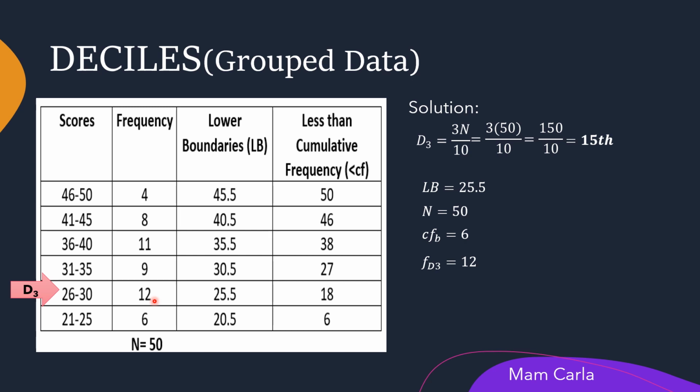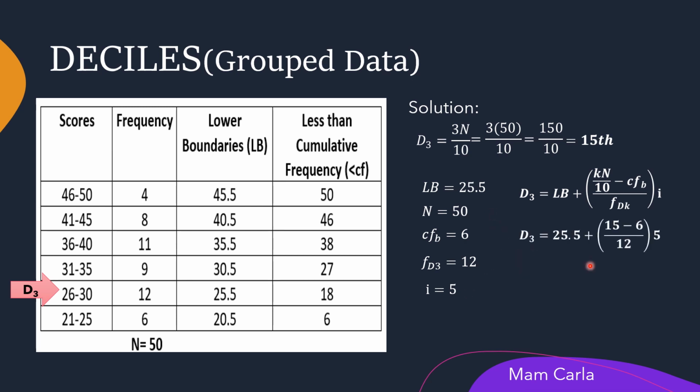The frequency of the D sub 3 class is 12. And i is the class size, in which we have 5 scores within 26 to 30, and so the class size is 5. So we will be substituting the values to the formula. So we have 25.5 plus the quantity of 15 minus 6 over 12, times 5.